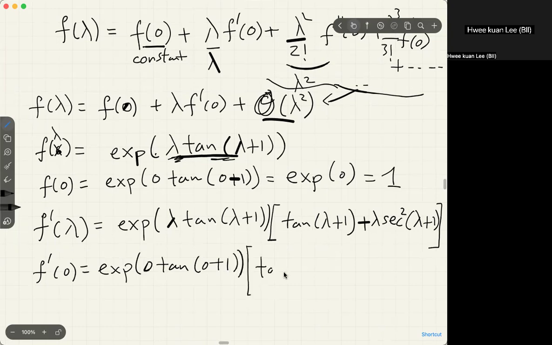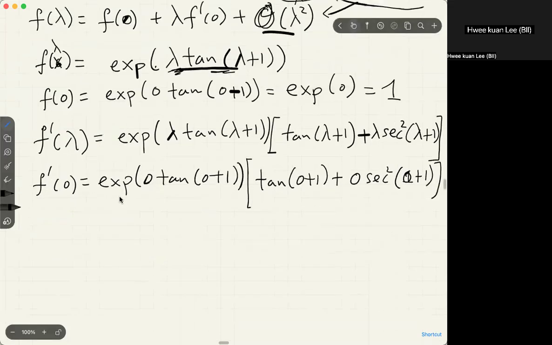Substitute 0 inside: lambda 0 plus 1 plus 0 times secant square of 0 plus 1, right? Then we work through every step. You should work through every step. exp 0 is 1.